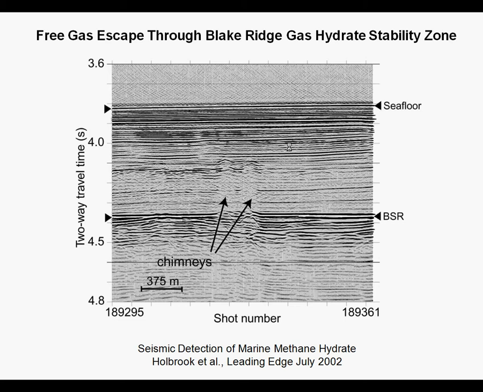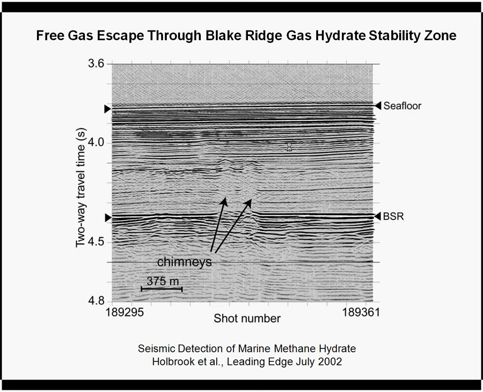Despite the fact that there is very little gas production in this area, you can see that there are gas chimneys where gas has broken through the base of gas hydrate stability, and there is actually free gas in the gas hydrate stability zone. Now this gas is out of thermodynamic equilibrium with its surroundings, but nonetheless is moving fast enough that it remains in free gas state at least halfway up into the gas hydrate stability zone.